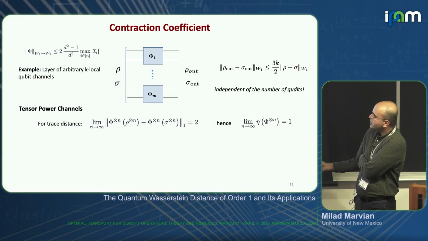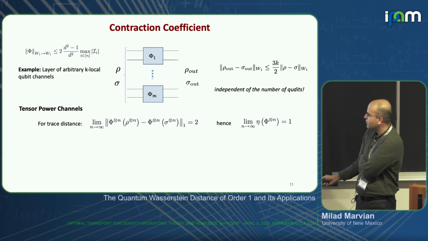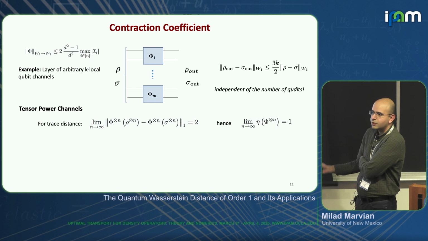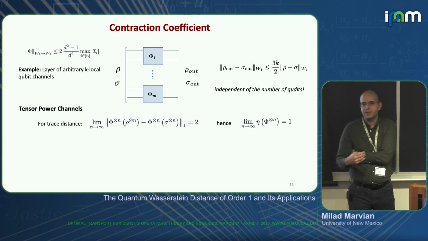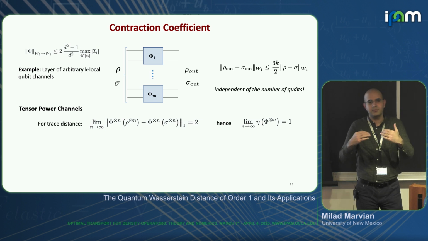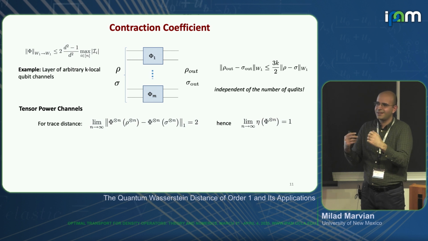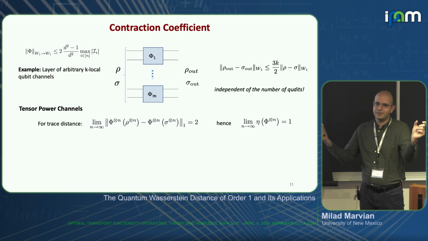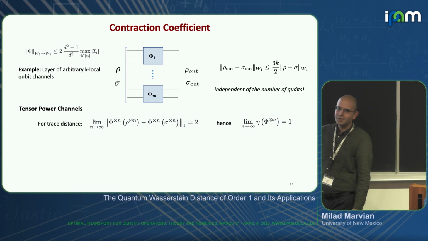A particular version of this that turns out to be very useful is when I'm using the same channel over and over, and I ask about the contraction coefficient of a tensor power of channels. If you think about the tensor of channels, as the number of channels goes to infinity, if you use something like trace distance and compare n copies of the first state with n copies of the second state, it always goes to 1 because they become more and more distinguishable, if you want.